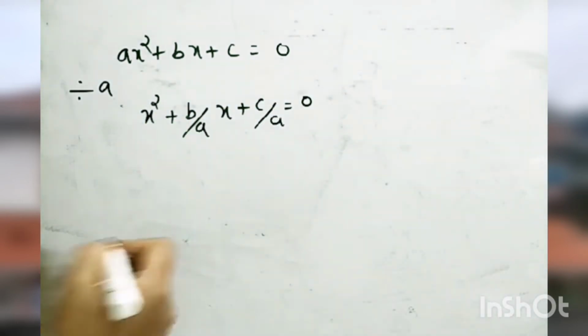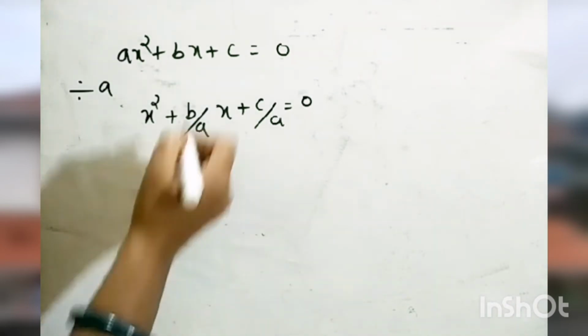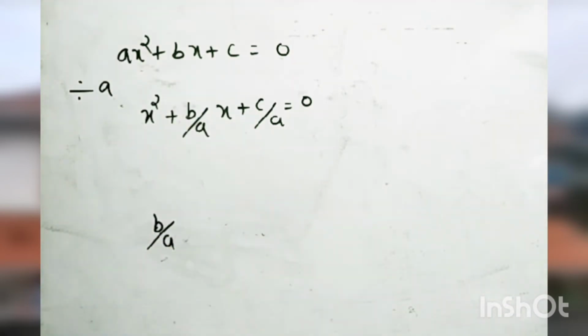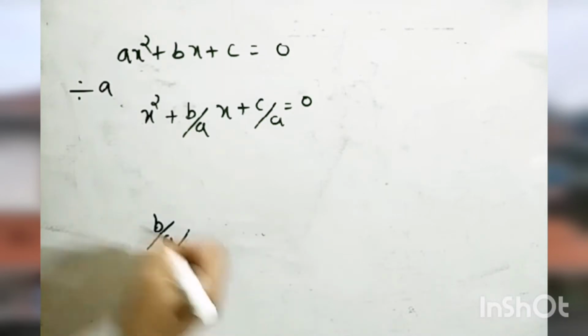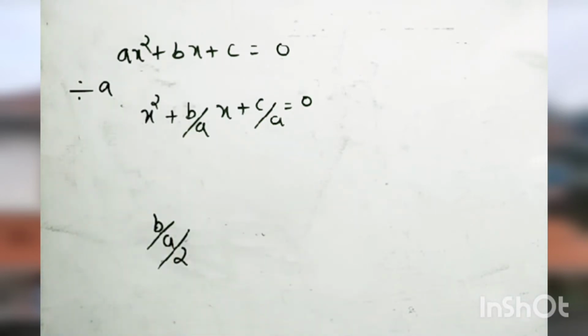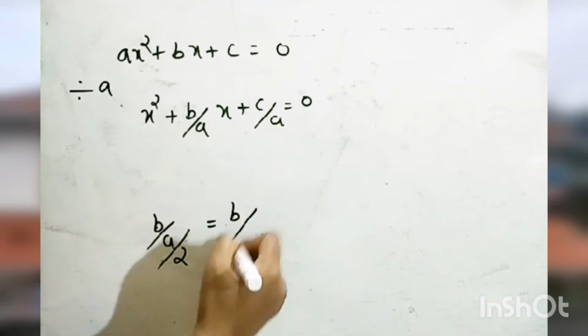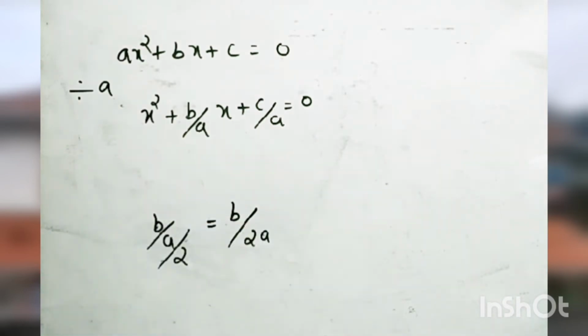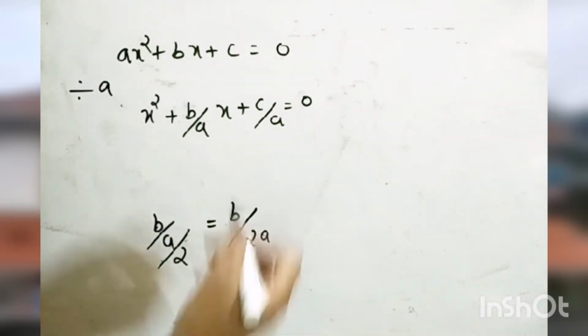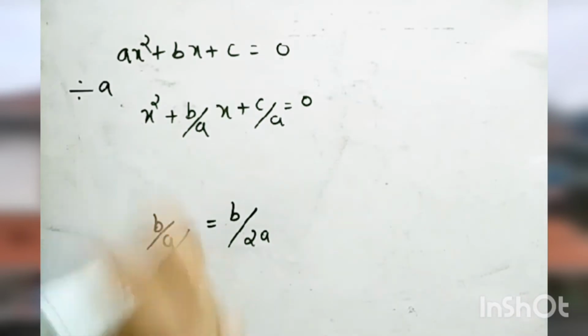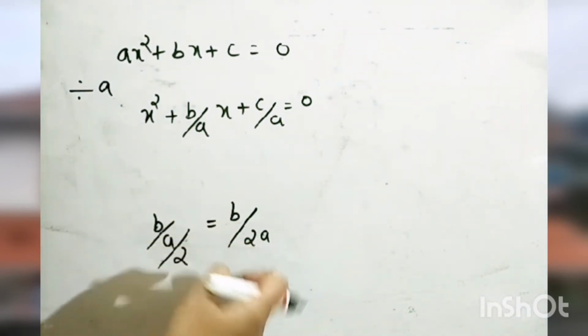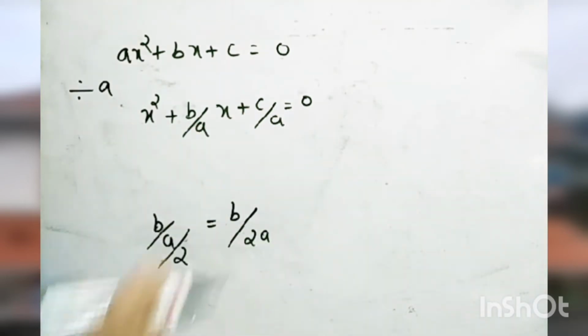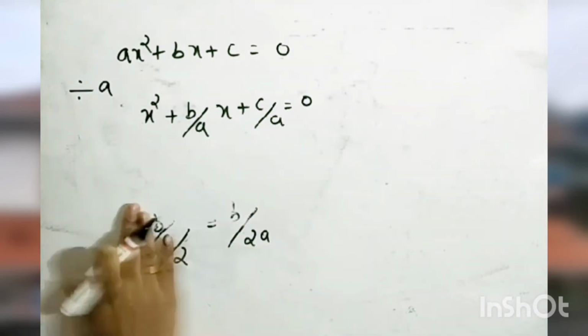Now we need to take half of the coefficient of x. The coefficient of x is b by a, and half of this, that is b by a divided by 2, we get as b by 2a. This is half of the coefficient of x. Now what we are going to do is add b by 2a all square and subtract b by 2a all square.